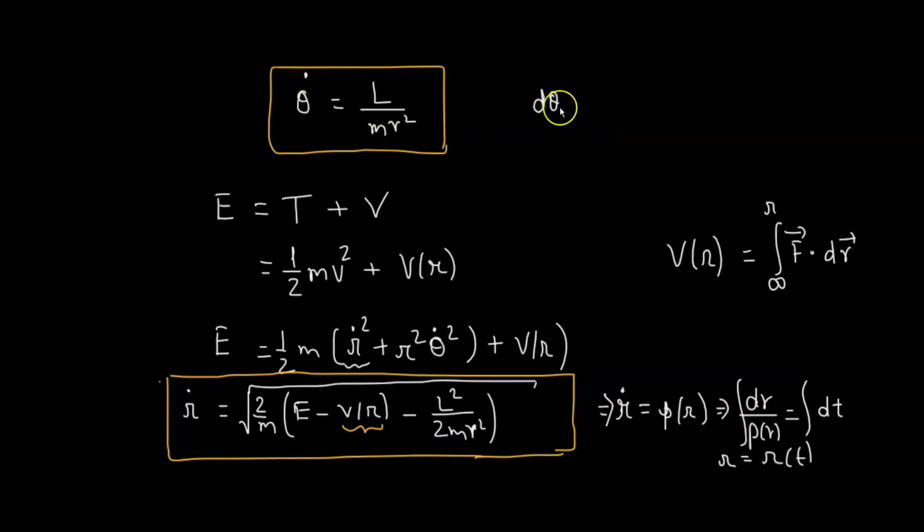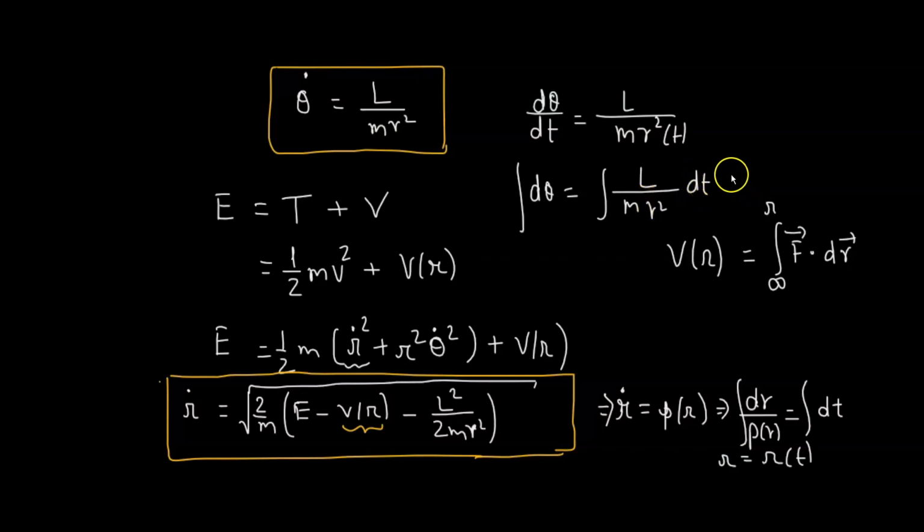So this will be d theta over dt equals L over m times r squared. Here we can substitute the value of r with the solution that we just obtained. Then we can solve for theta, which is simply the integration of d theta equals the integration of L over m r squared dt, and this gives us the solution for theta as a function of t.